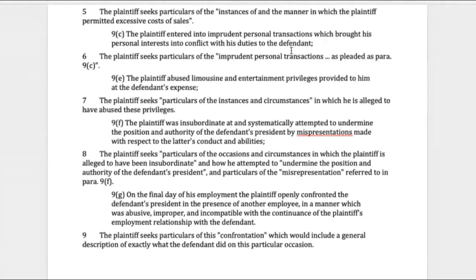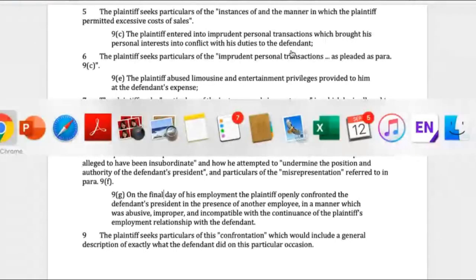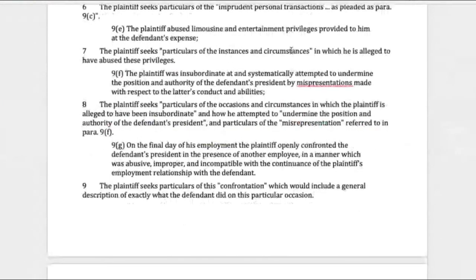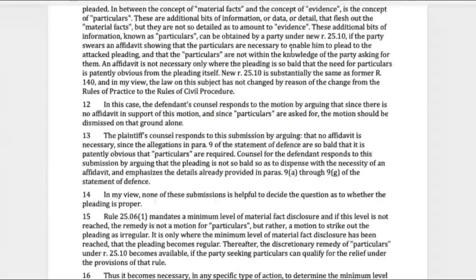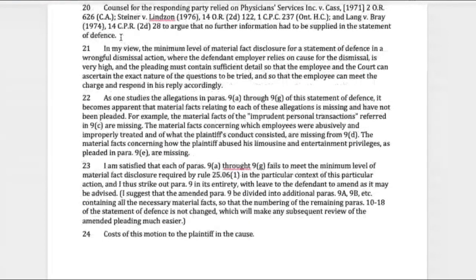Okay, so in paragraph 21, the court talks about the different levels of material fact disclosure, right? So this is all about how detailed your pleadings have to be. And there's a suggestion here that the answer to this question of how detailed your pleadings have to be depends on what kind of litigation we're talking about, right?